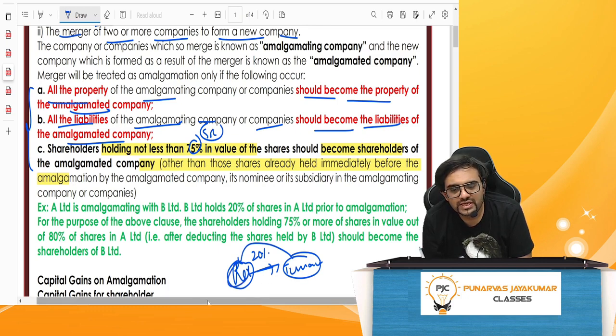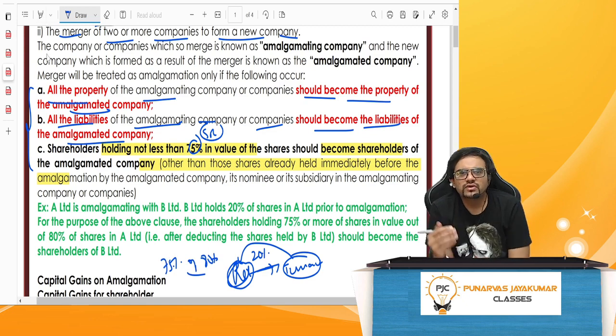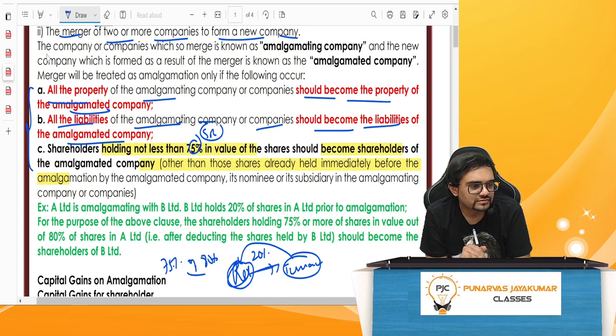So should I take 75% of overall or 75% of the balance? Obviously 75% of the balance, 80%. You cannot allot shares to yourself. You are not Swami Nityananda. Me allotting shares to me through the company which is framed by me, not possible.